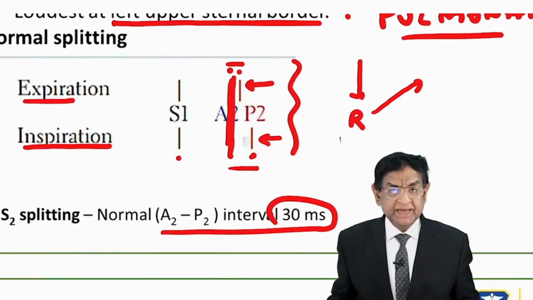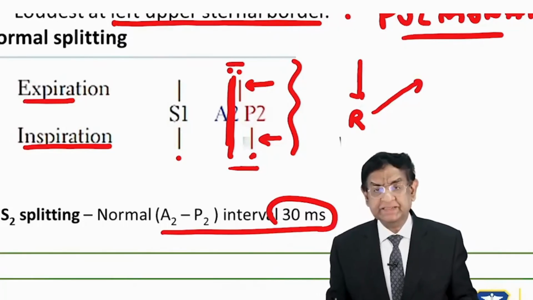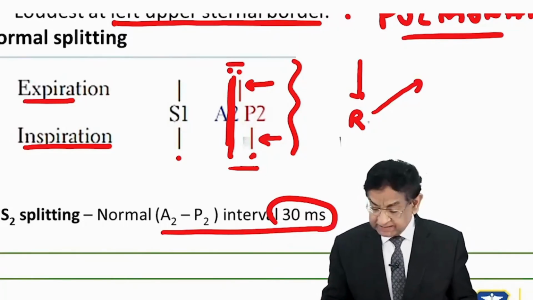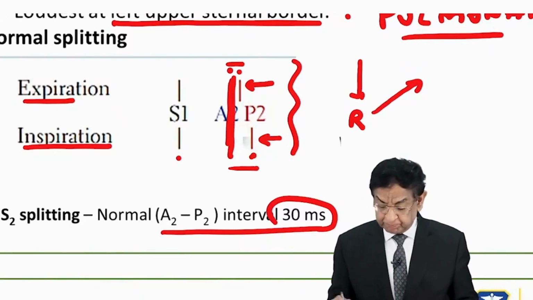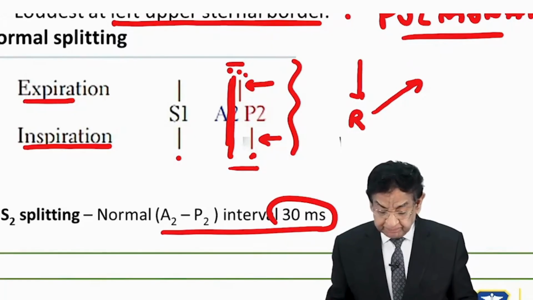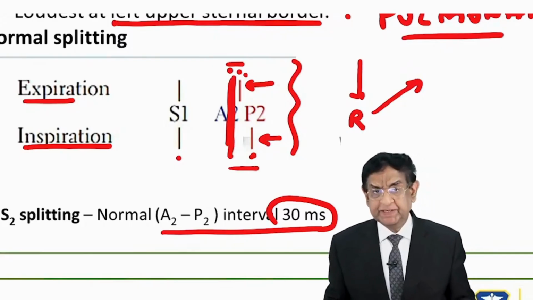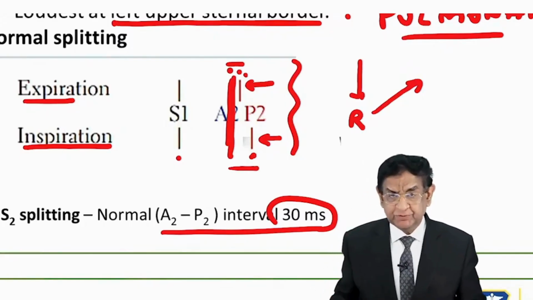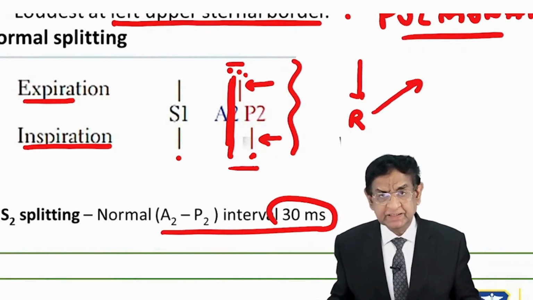But in expiration, less blood comes to the right side, so less blood will go to the pulmonary artery. So P2 will close early. That's why in expiration the A2-P2 gap is less, and in inspiration there is more gap.